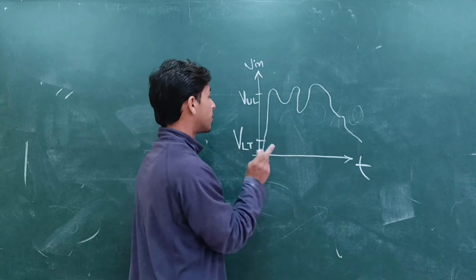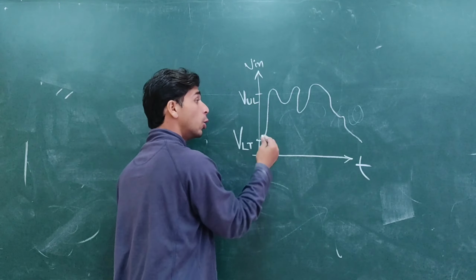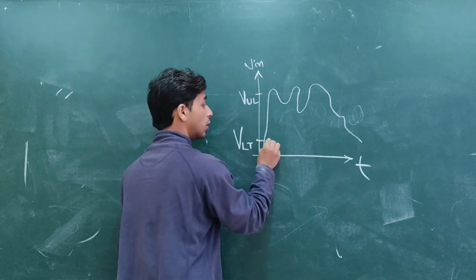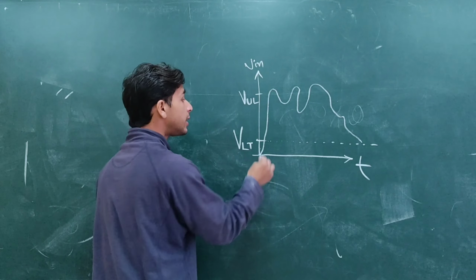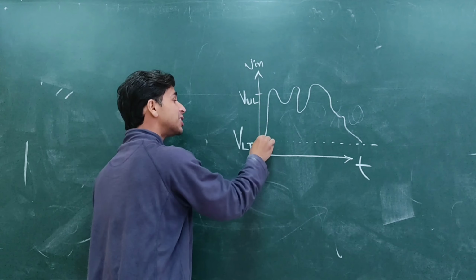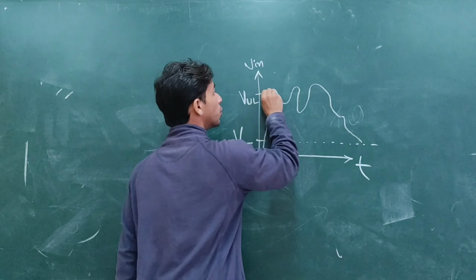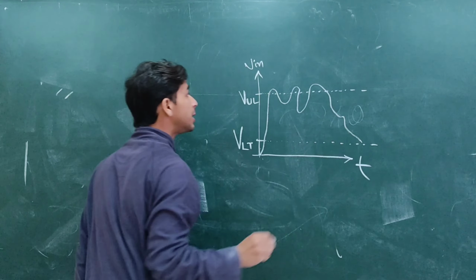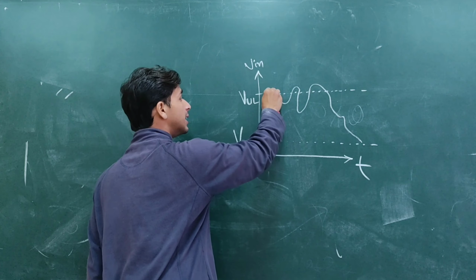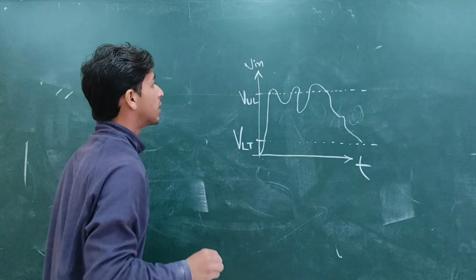So let's mark the points where it crosses the lower threshold voltage. I am dotting this line. You see here it touches the lower threshold limit, and again if you dot the upper threshold limit, you will see that this point touches the upper threshold limit.